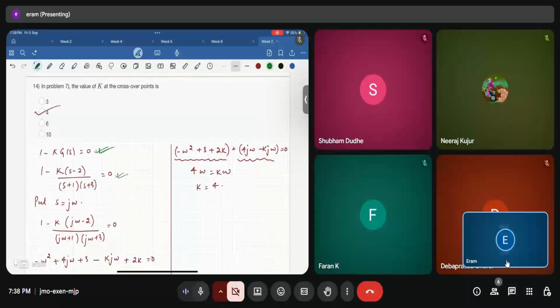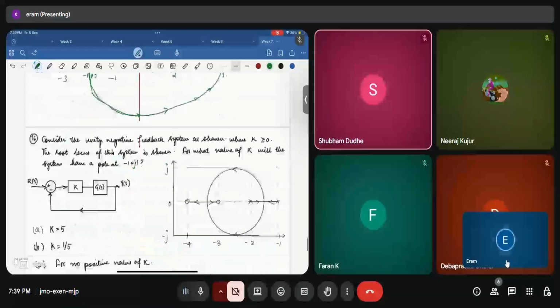Then we put s equals to j omega, because we want to check if there are explicitly imaginary closed loop poles in the system. We solve the characteristic equation and finally get this relation. Okay, clear?